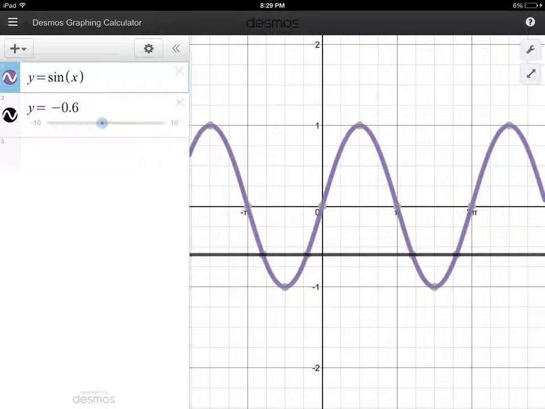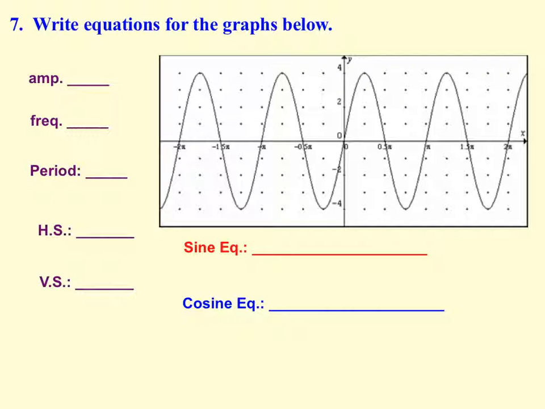And so for now, I think it's sufficient to graph the two functions y equals sine of x and y equals negative 0.6, and using the intersection feature on your calculator, we can find the x values that produce those intersections. Here we got 3.785 and 5.64.